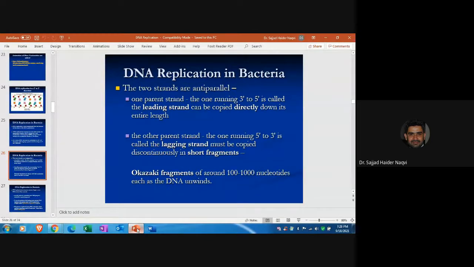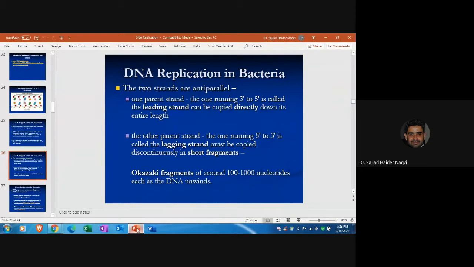So just to make sure, out of the parental DNA molecule, one strand is called the leading strand, whose orientation is 3' to 5'. The other strand is the lagging strand. The orientation for that is 5' to 3'.